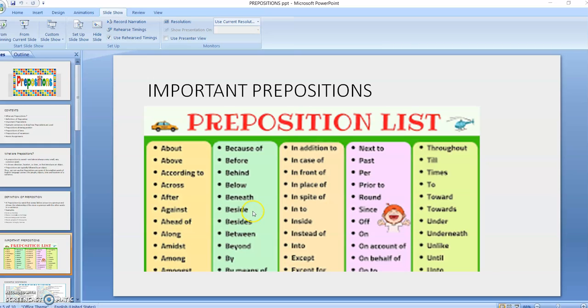So here you may be referring to your partner who always sat beside you, that is next to you. Besides, however, is used differently. For example, I ate an ice cream besides kulfi. So that means you had already eaten kulfi and again you ate an ice cream. So these are how these two words are used differently.